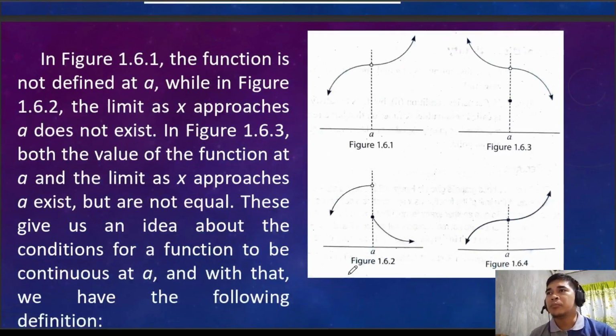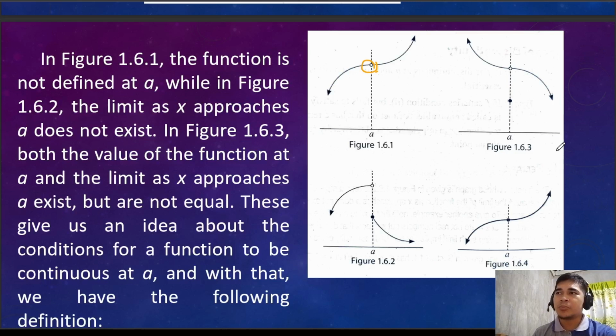Now, in figure 1.6.1, the function is not defined at A. So as you observe here, it's open, right? While in figure 1.6.2, the limit as x approaches A does not exist, right? So here, if you look, the limits from the left and from the right are not the same.